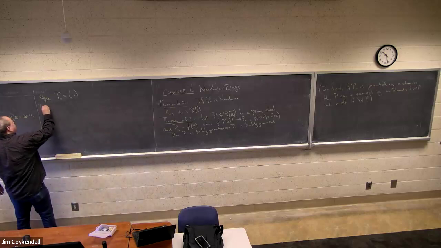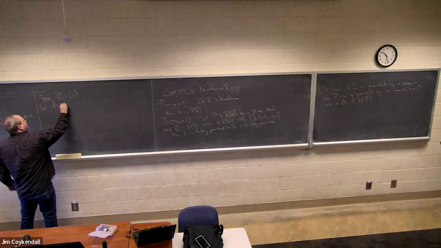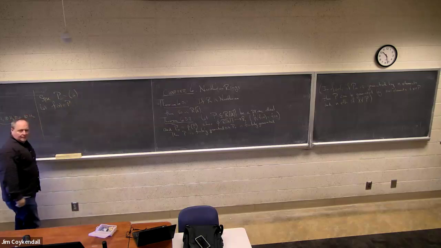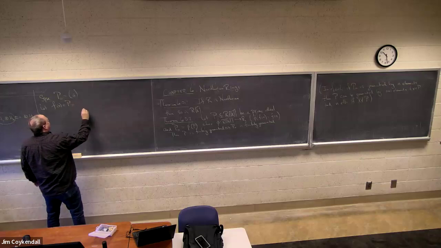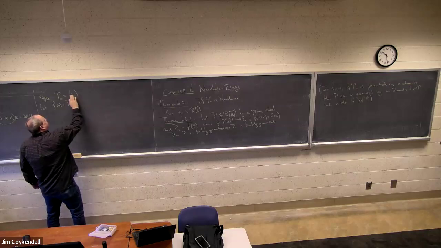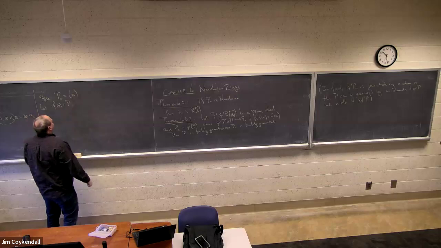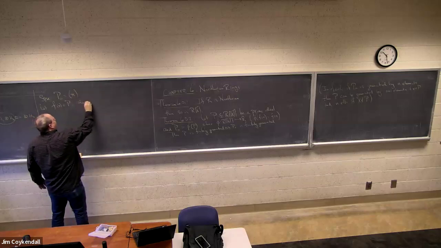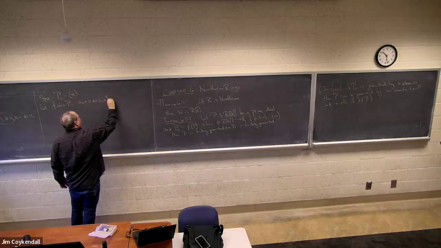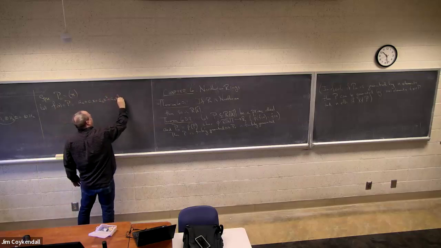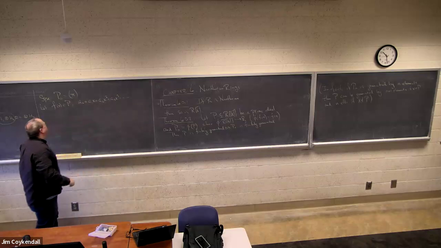Why is this true? Well, what do I know about this? Let's write this down; let me call this I. It's a0, a1 X, a2 X squared, like this.